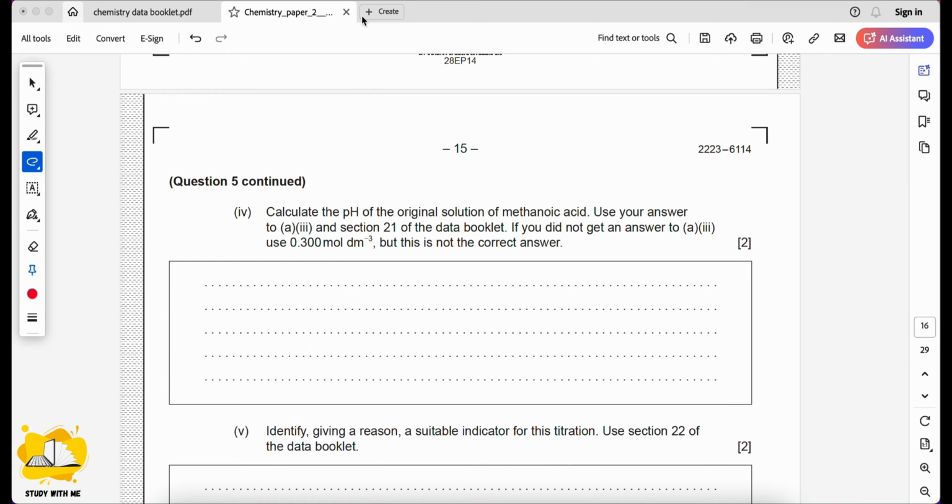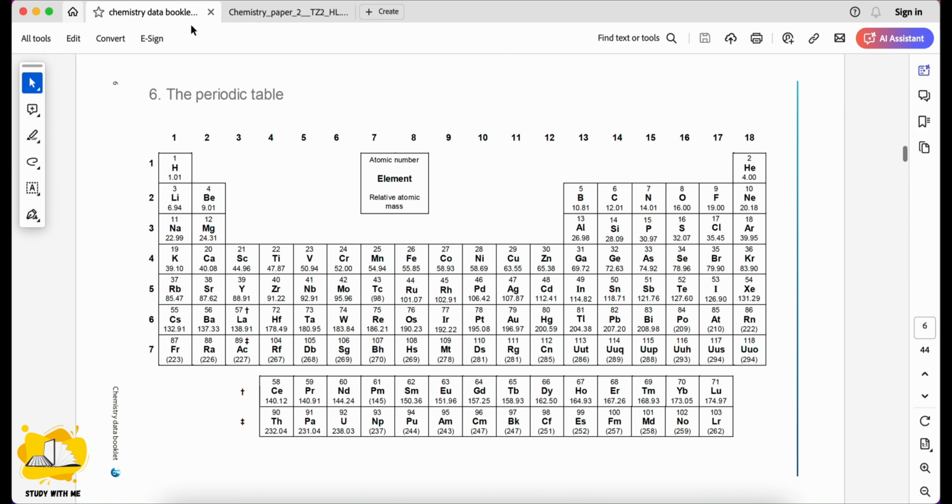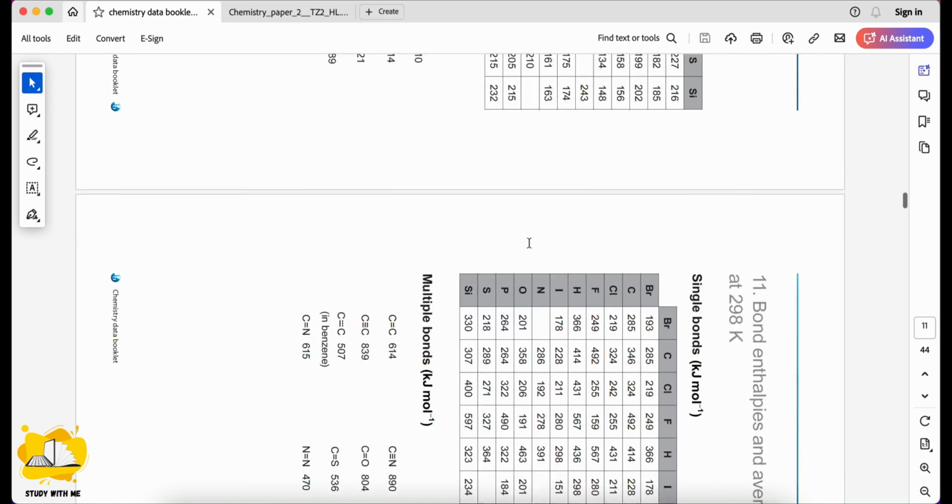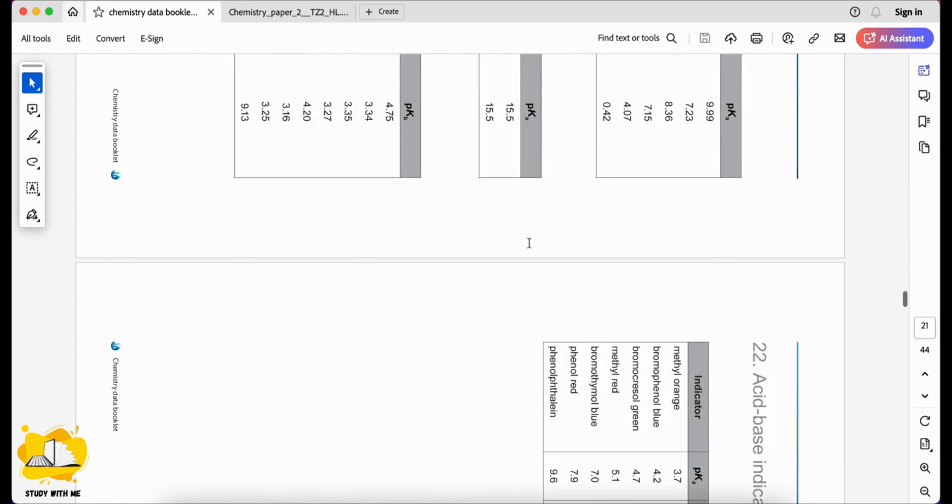Calculate the pH of the original solution of methanoic acid. Use your answer to 2A3 and section 21 of the data booklet. Okay, so methanoic acid, section 21, it's about Ka.